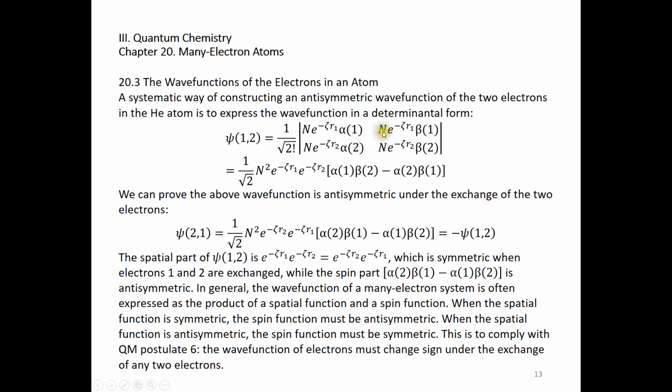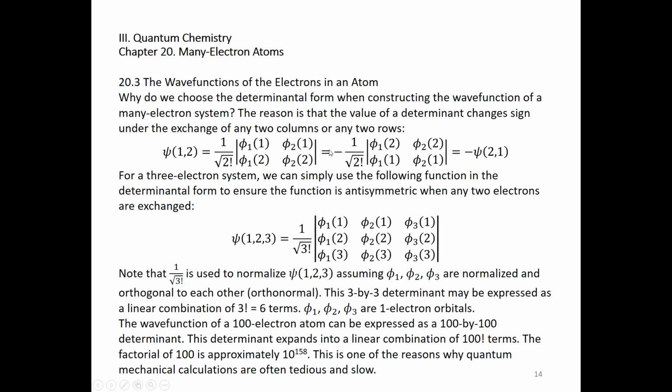And this is because when we switch 2 rows of the determinant, the sign of the determinant will change. Again, why do we choose the determinantal form when constructing the wave function of a many electron system? The reason is simple. Mathematically, the value of a determinant changes sign under the exchange of any 2 columns or any 2 rows.